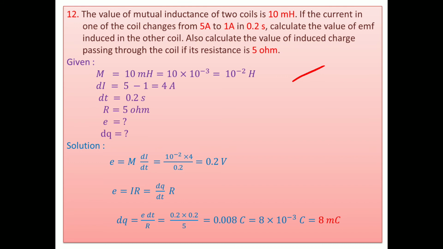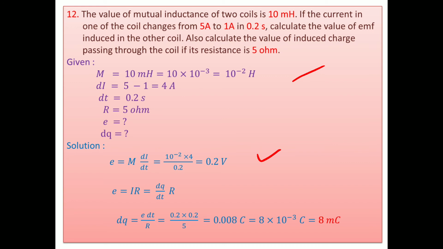So, induced EMF equal to M di by dt. So, you can take here 10 raised to minus 2 into di is 4 upon 0.2 volt. Very simple numerical. But by Ohm's law, we know that EMF induced equals I into R. But I is what? dq by dt into R. So, dq equals to E dt upon R. Directly you can take.